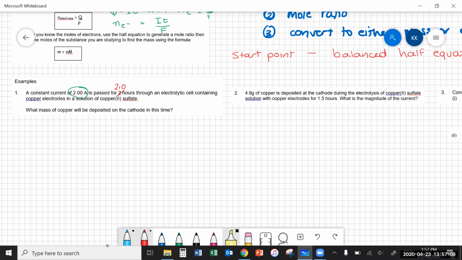All right, so first thing we need to do is get our balanced half equation.